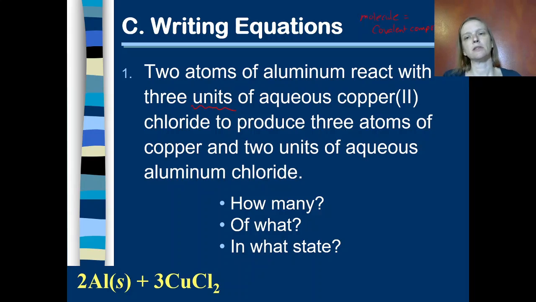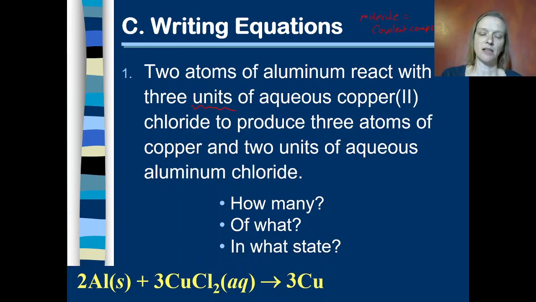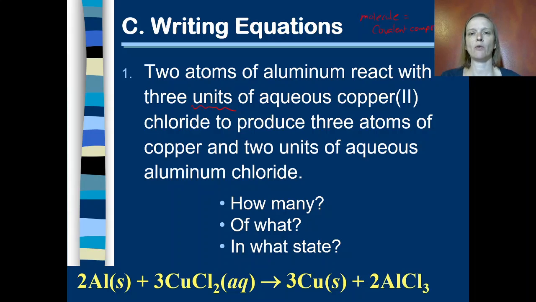Oh, I forgot to do the aqueous. To produce, this is our arrow, 3 atoms of copper. Copper, again, is a metal, so it's a solid. And 2 units of aqueous aluminum chloride. And we need the aqueous symbol.